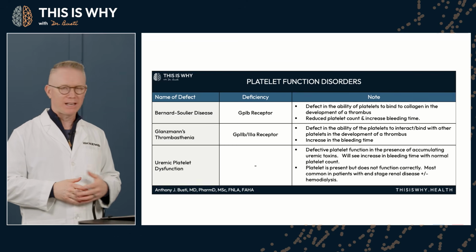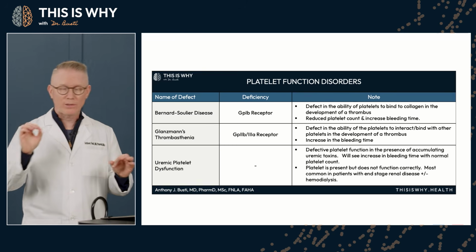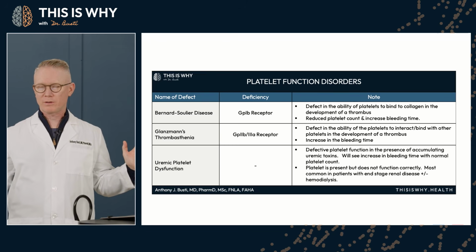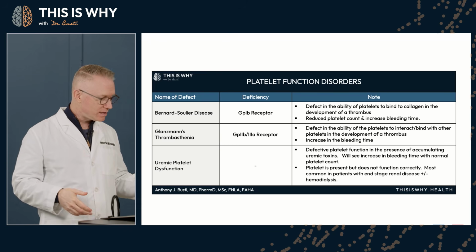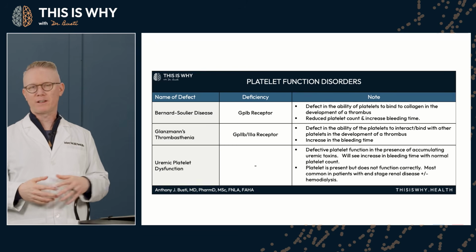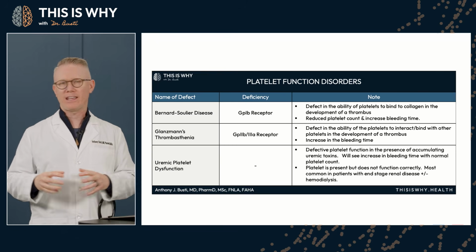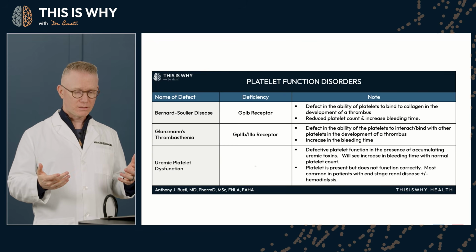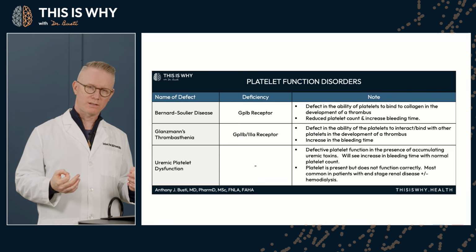Glanzmann's thrombasthenia: they lack and have a defect of the glycoprotein 2b3a receptor. Remember, that's the final common pathway where all the activators of the platelet get compromised. That's a big deal. And then lastly, there's something called uremic platelet dysfunction that we see in patients with CKD on hemodialysis. The numbers actually look normal, but they're not functional platelets.